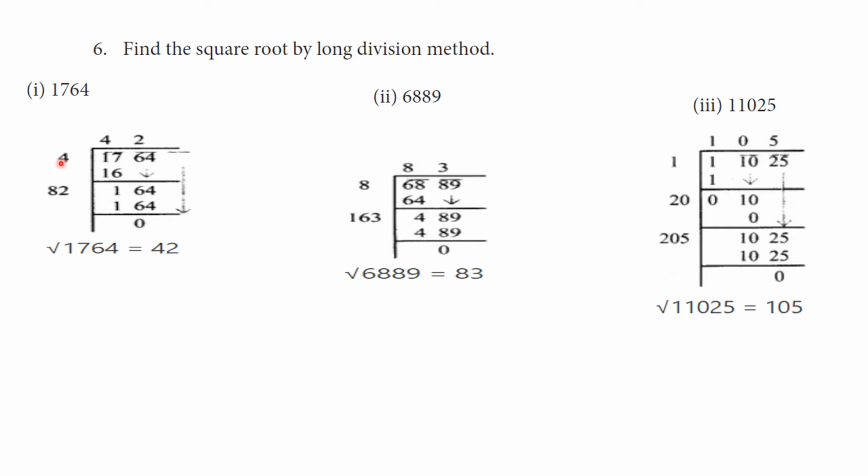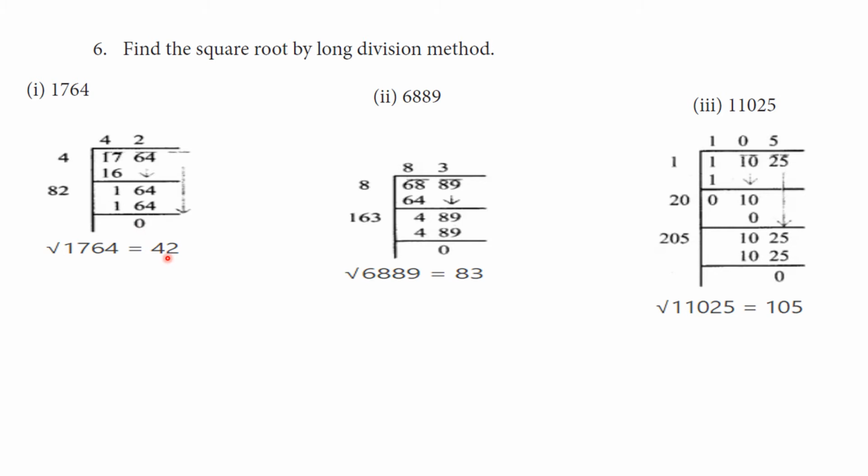Double 4 plus 4 is 8, so you put 8. The last digit here is 4, so the possible number is 2. 2 2s are 4, 8 8s are 64. Here 8 means a bigger number will come, 88 into 8, so you put 2. 2 2s are 4, 2 8s are 16. So the remainder is 0. So 42 is the answer.